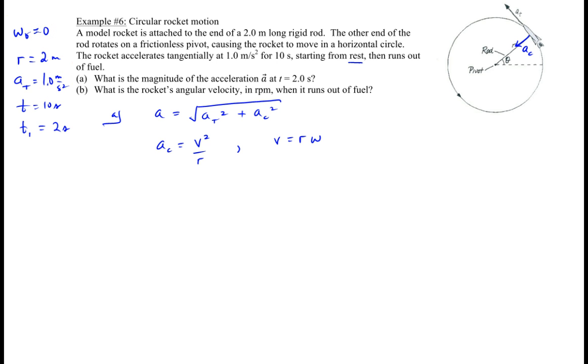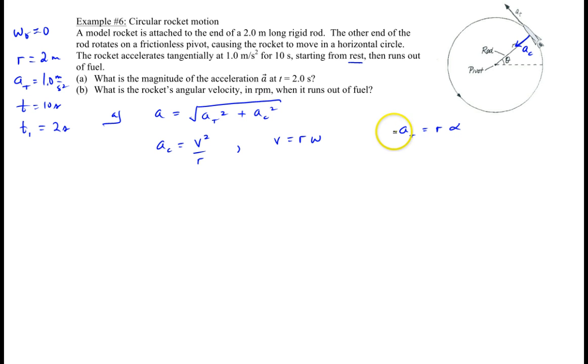And we know that it's accelerating tangentially at 1 meter per second squared. And there must be some relationship between the tangential acceleration and the radial acceleration. Remember, the tangential acceleration is like that linear form of the angular acceleration. So the tangential acceleration is really the radius multiplied by the angular acceleration.